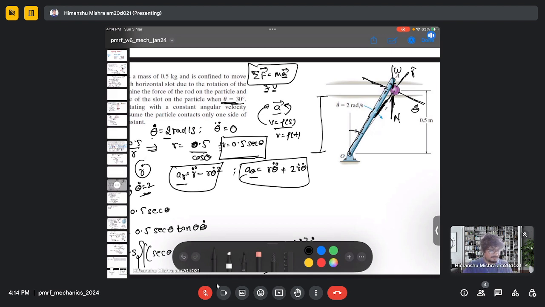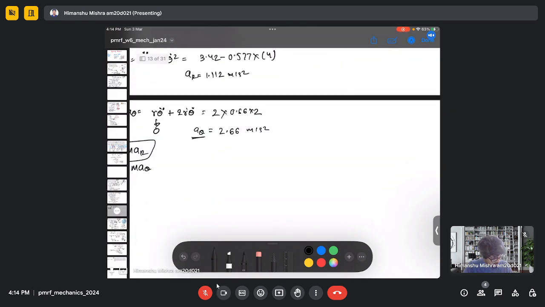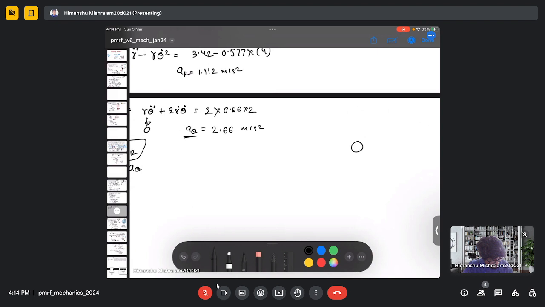So just copy this figure. This is the theta direction, this is the radial direction, and this will be my weight. And this is my normal reaction.